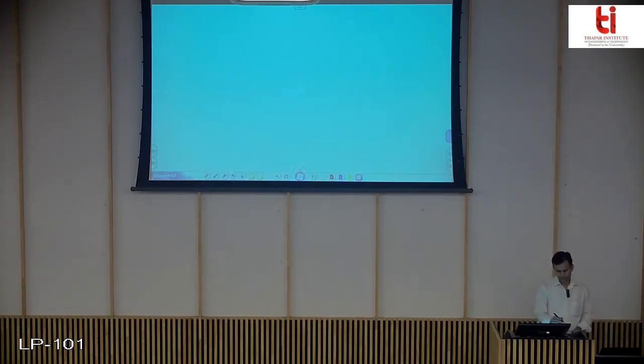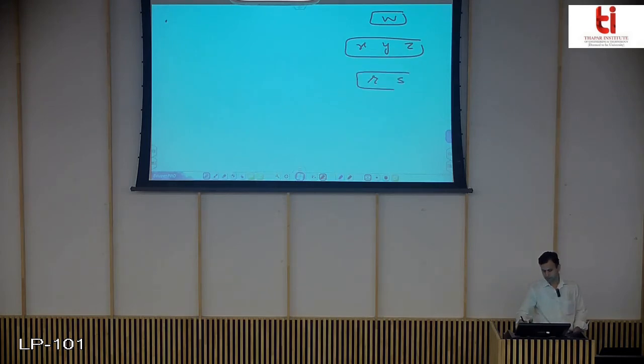You have been given w, a function of x, y, z, same as we did in the previous case, but now x, y, z depend upon two independent variables. This is a new thing. So this is your dependent variable, these are your intermediate variables, three intermediate variables, but now the important thing is that independent variables are two. We have now two independent variables.